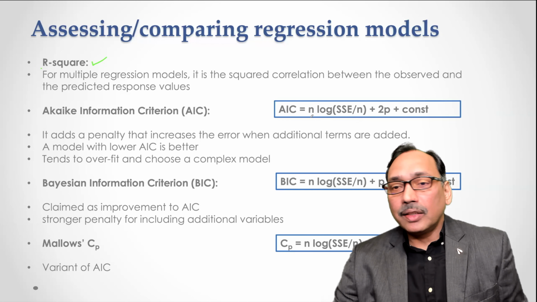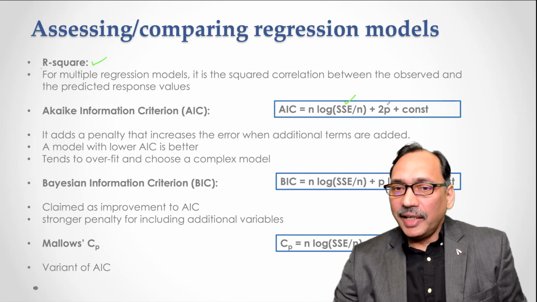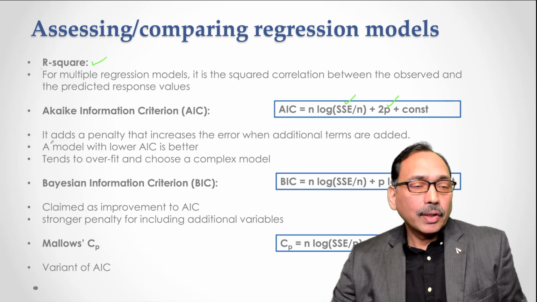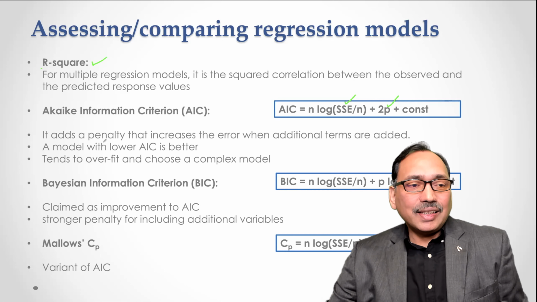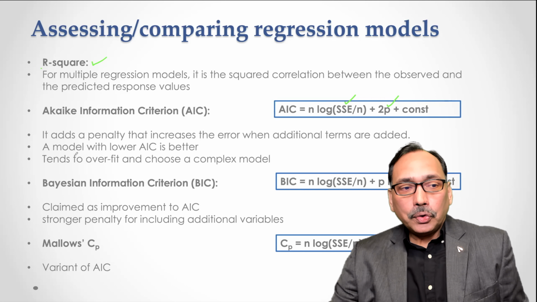So this is the standard formula for this. It's based on the sample size, sum of squares due to error, and how many predictors you have in the multiple linear regression model. So P is number of predictors. What it does is it adds a penalty that increases the error when additional terms are added. So note that the model with the lower AIC is better.